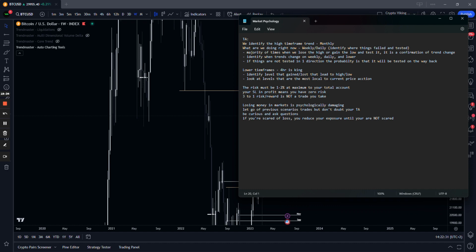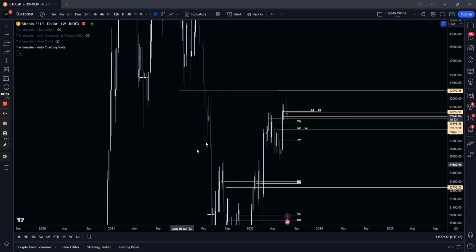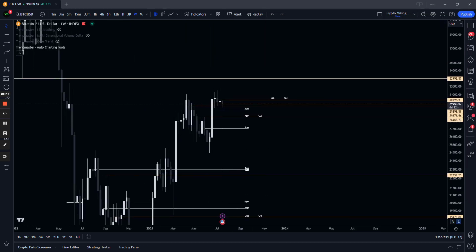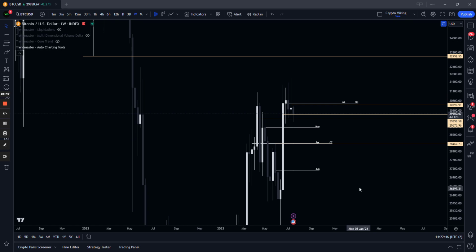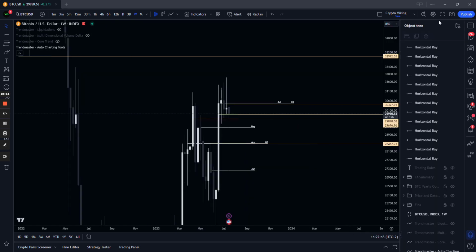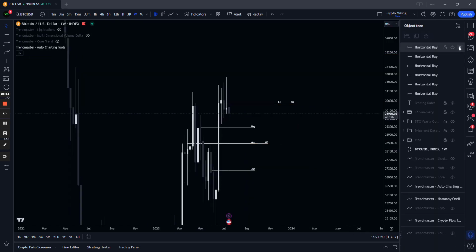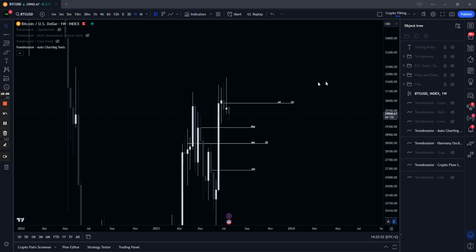So that's essentially one of the biggest parts of this whole thing. And then as you look at the lower time frames, again, 4-hour low exposure, that's the whole thing. The gain and loss levels that led to the high or the low, that's going to be your priority as far as gain or loss. Now looking at the weekly, if I get rid of some of these, just delete these levels real quick.